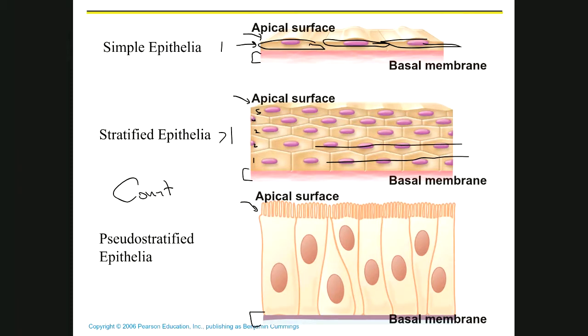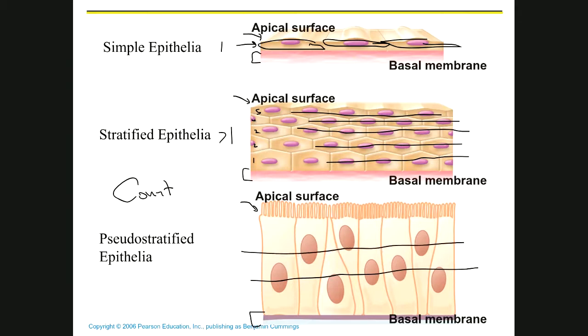Well, that works fine for all of these. But look at this. The nuclei are in different levels in the cell. And so if I line up nuclei, it looks like there's 3 layers there, or maybe even more.